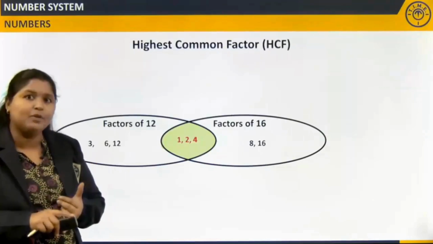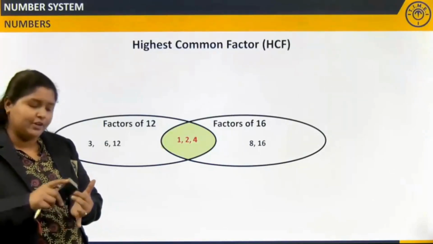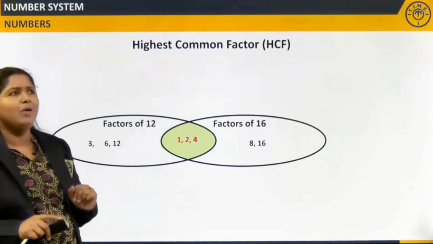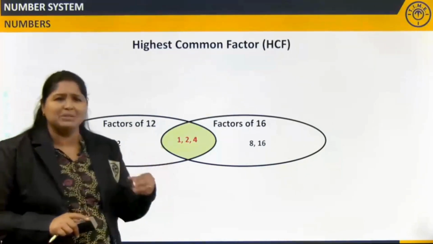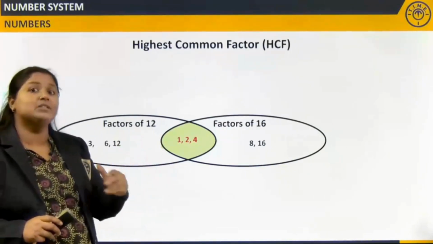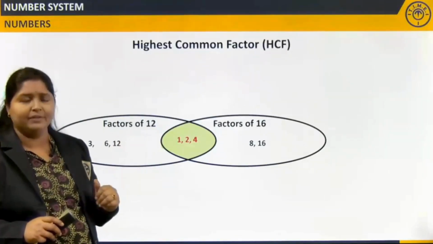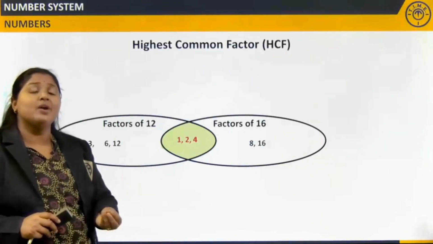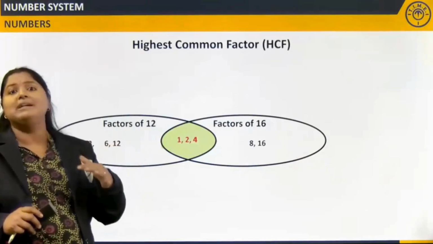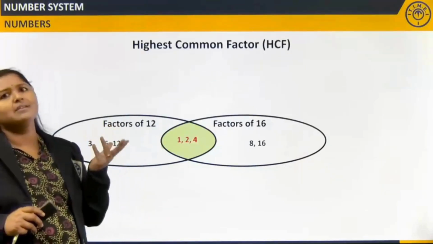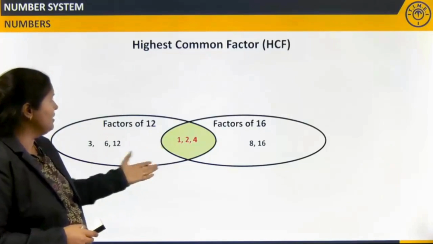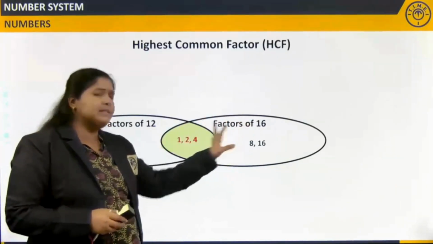First you should understand what are factors, and then you should understand what are common factors, and then HCF is nothing. Now HCF also has other names. In some textbooks you may find GCF, greatest common factor, instead of HCF. In some textbooks you may also see the name GCD, greatest common divisor. What is this divisor? See, for example, the factors of 16, 8 and 16 are there.